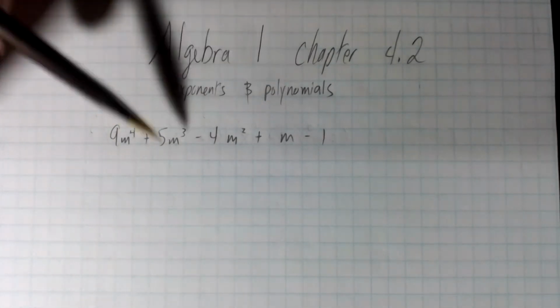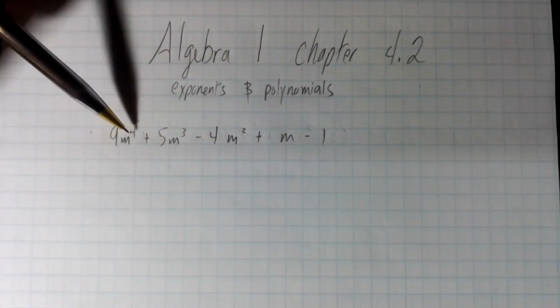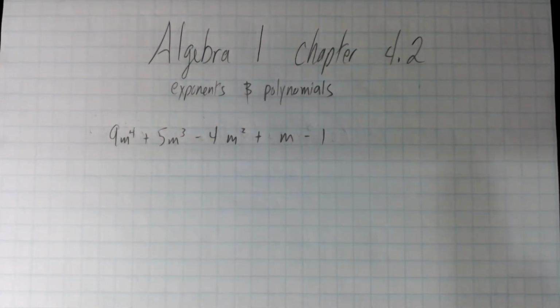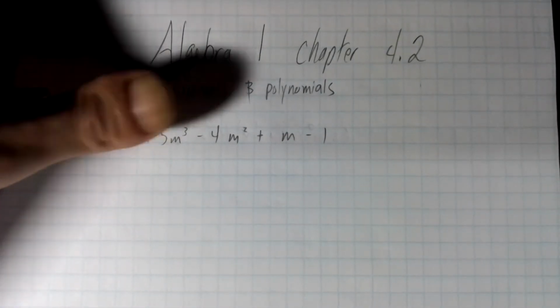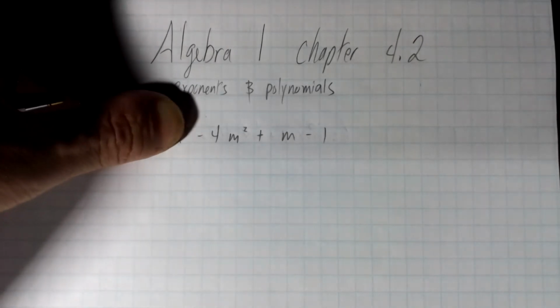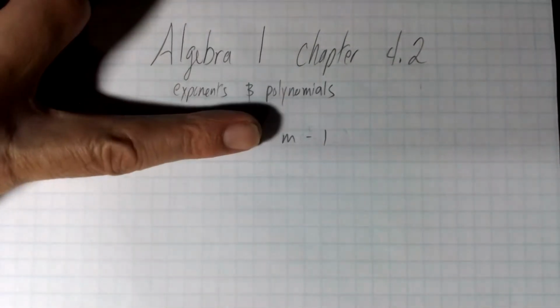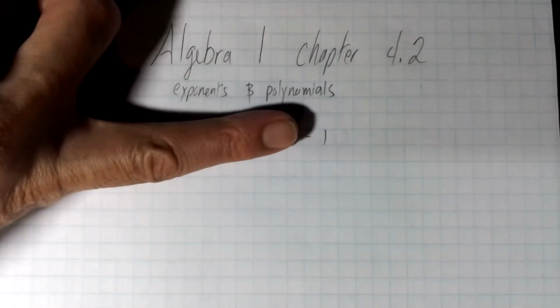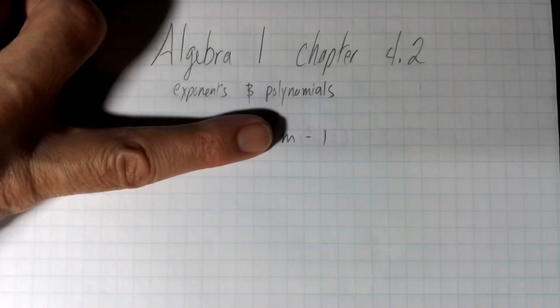Whatever the highest power of the variable is going to be the degree. So the degree here is 4. If I had just this problem, the degree would be 3. If I had just this problem, the degree would be 2. And so on. This degree would be 1. This degree would be 1.